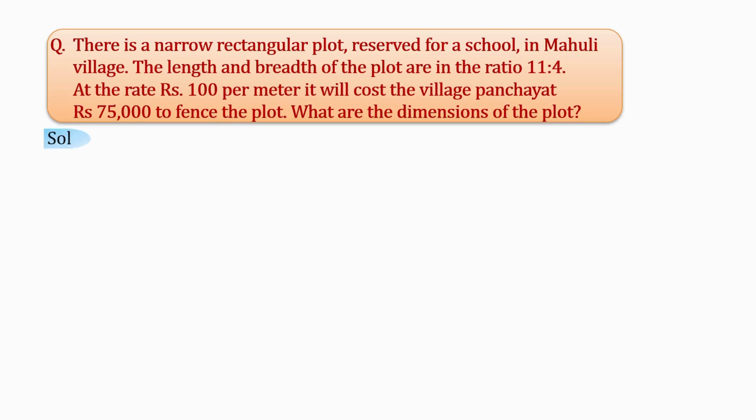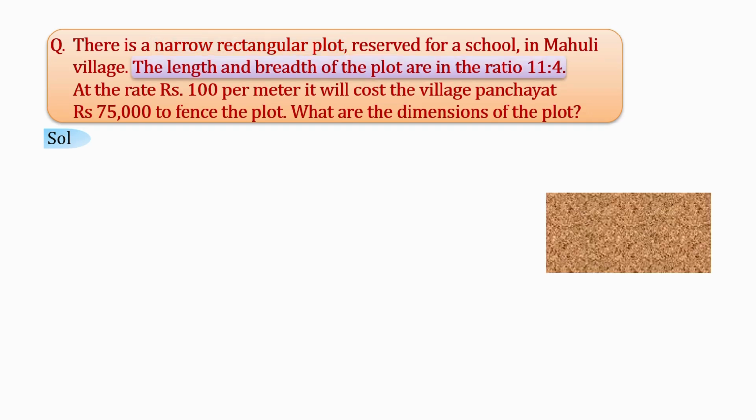Okay, so now let us take a look at the question first. First we need to consider what type of plot it is. That is a rectangular plot. And what is the other information given? The ratio of length and breadth is given, that is 11:4.